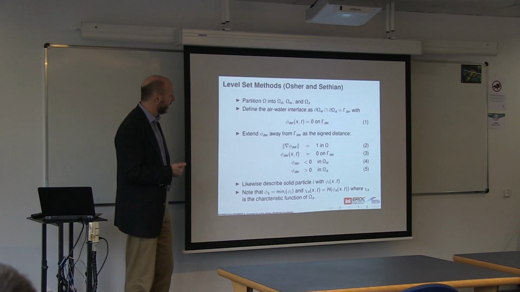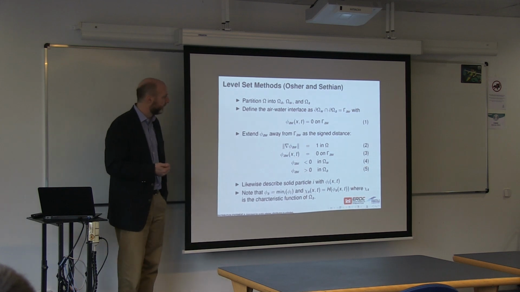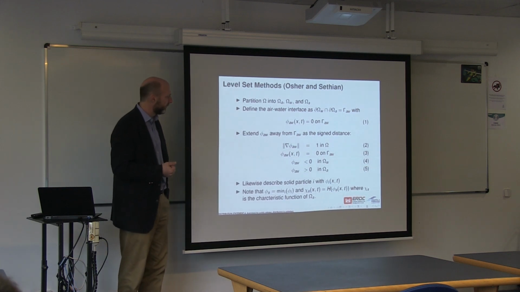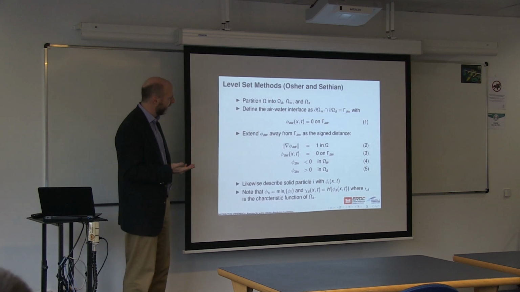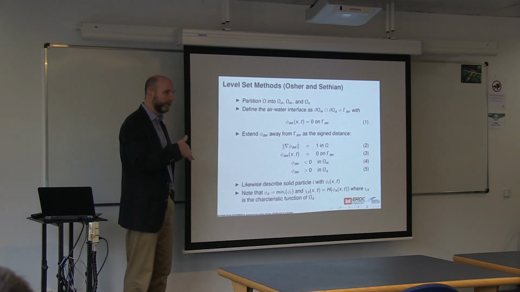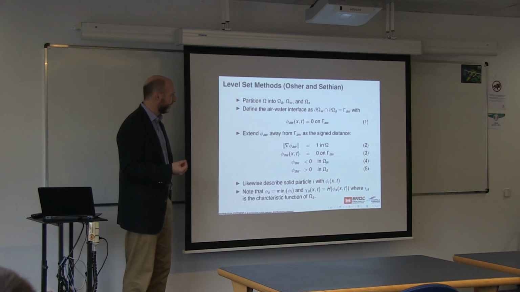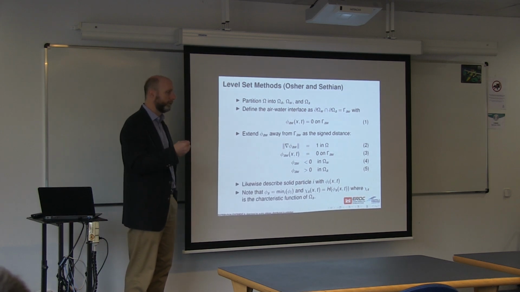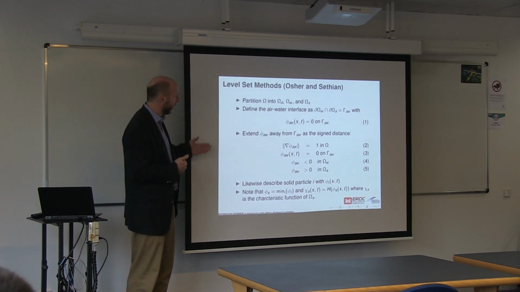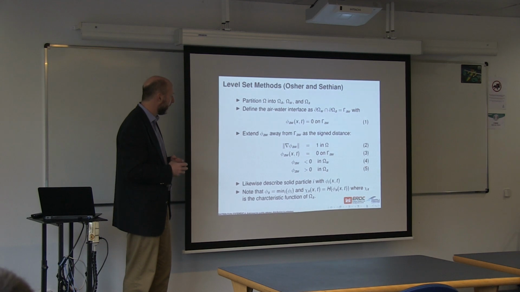Then we extend phi away from gamma using the convention that it'd be a signed distance function. So our convention is that if it's negative, you're in the water phase. If it's positive, you're in the air phase. And then the value of that scalar function is the distance to the interface. And so that's enforced by this equation 2, which is the eikonal equation.